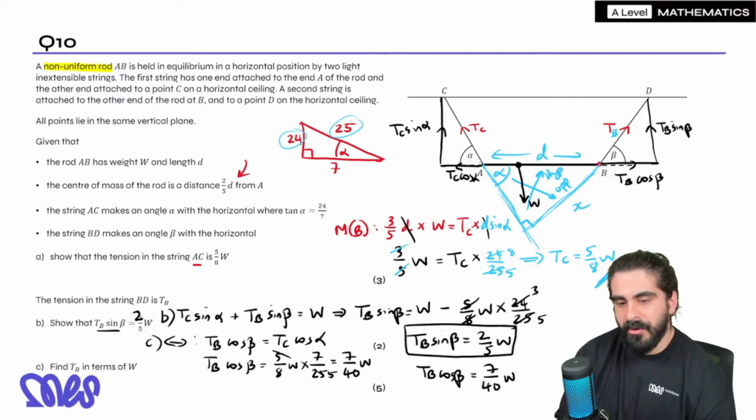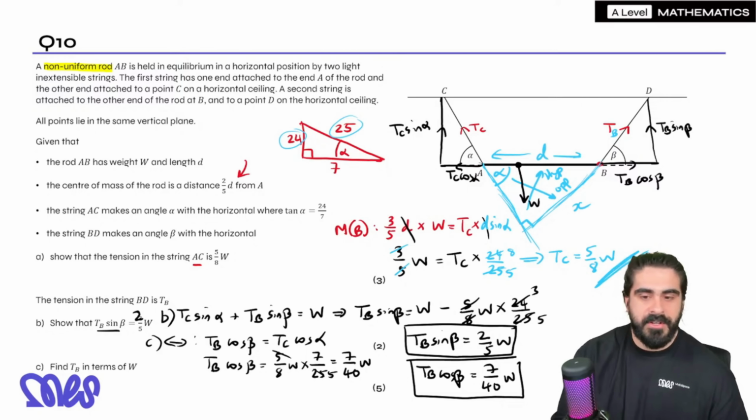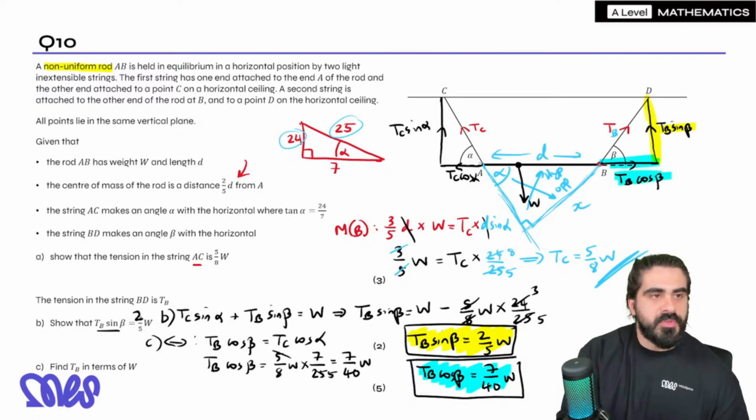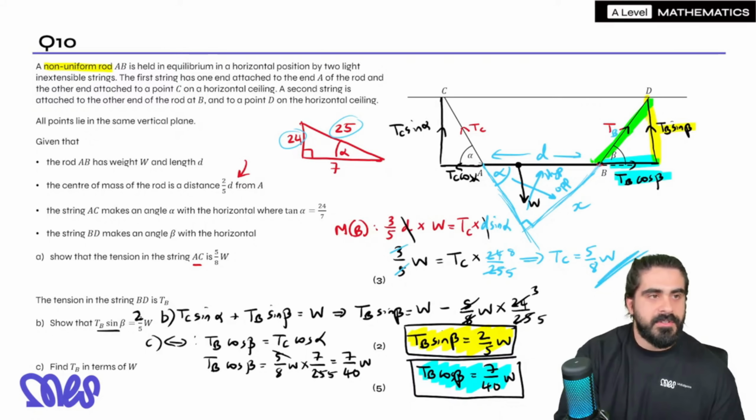Do you know how, from this, we can very simply work out what TB is? You do Pythagoras. TB sine beta is 2/5 W. That's this length here of this triangle, and then this is the adjacent side. We just want the hypotenuse of that. So you don't need to know what beta is. You just need to do Pythagoras.